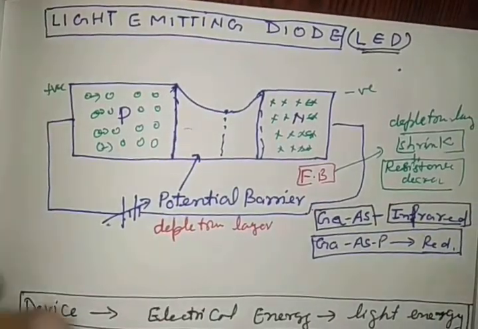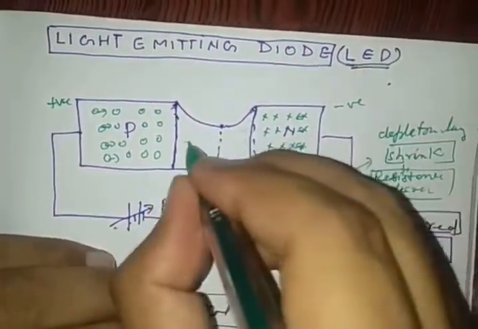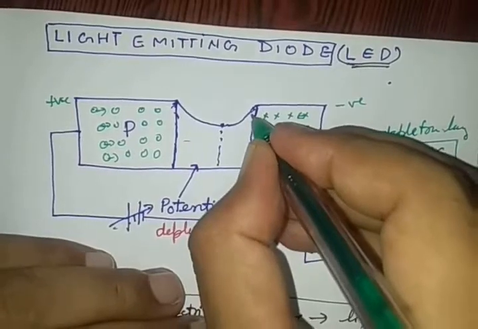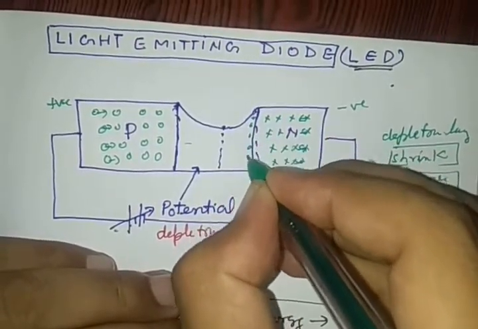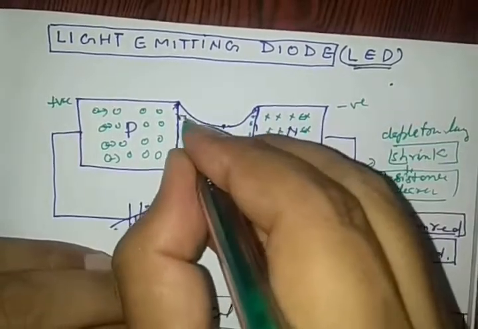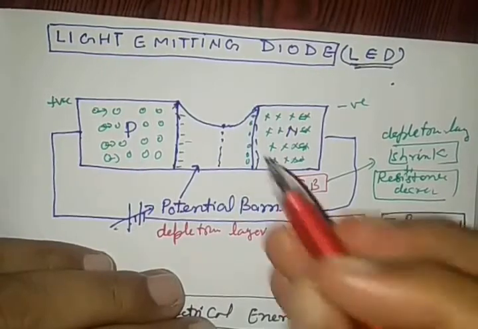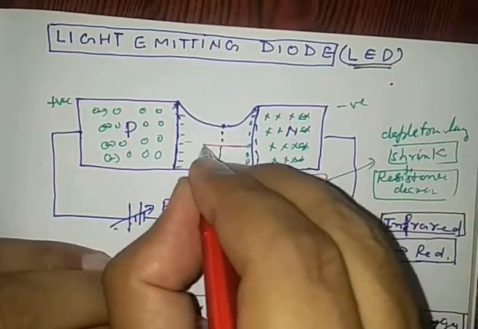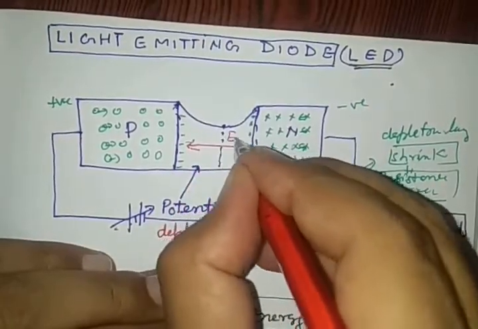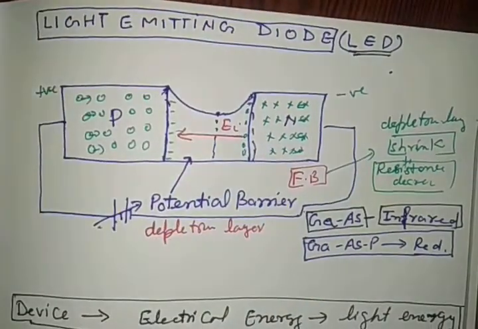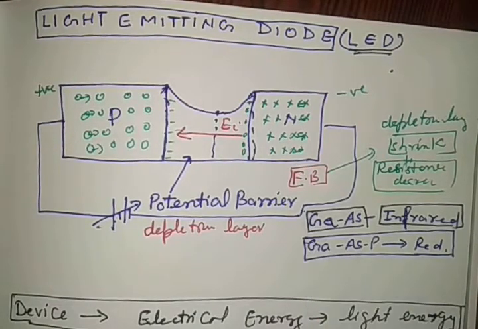See carefully in this case, when the depletion layer decreases, on this side holes are produced and here electrons. As a result, an internal electric field is developed from positive to negative. This is the internal electric field so developed. See very carefully what mechanism takes place.